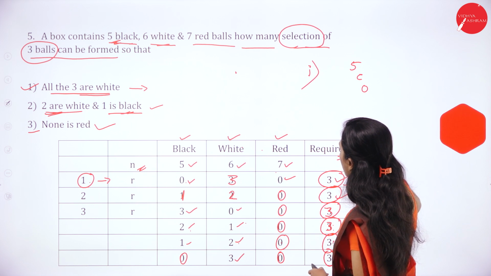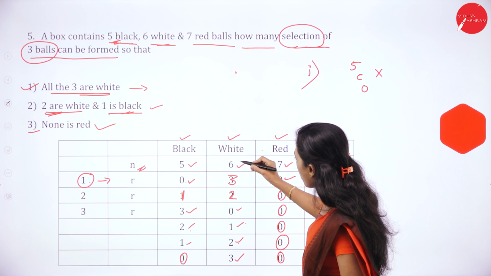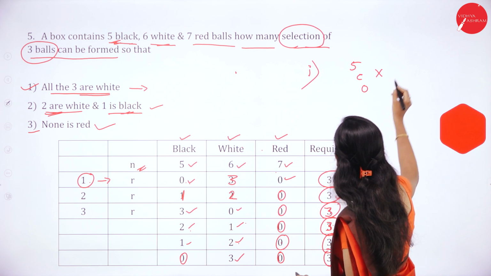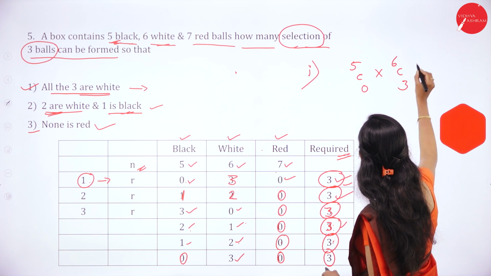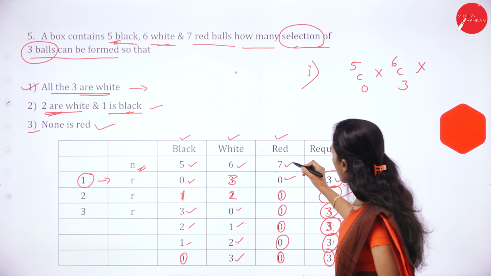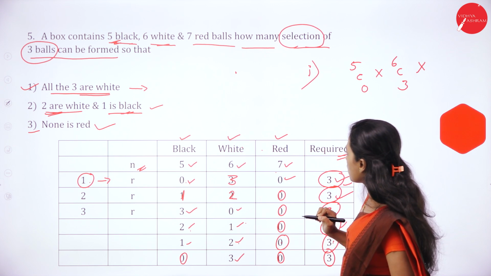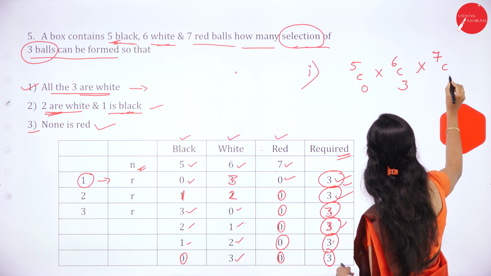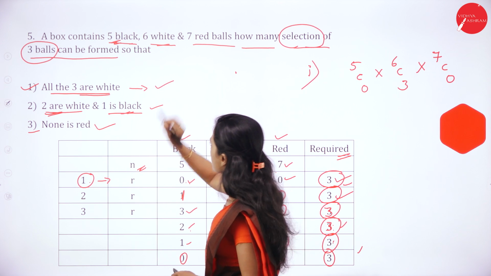Then white ball into. There are 6 white balls. Out of 6 white balls, we are selecting only 3 balls. So 6C3 into. There are 7 red balls. Out of 7 red balls, we will not select any red ball. So 7C0. This is the equation for first question.